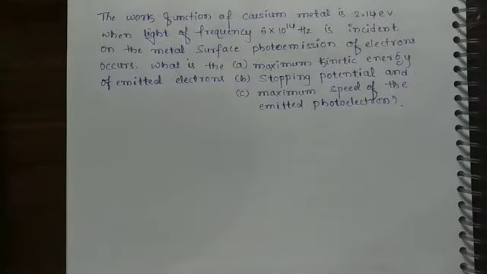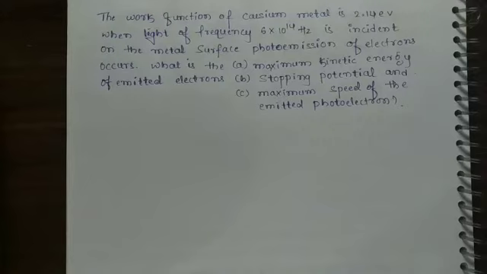Okay, dear students, today we will discuss some problems on dual nature of radiation and matter. The first problem: the work function of a certain metal is 2.14 electron volt.